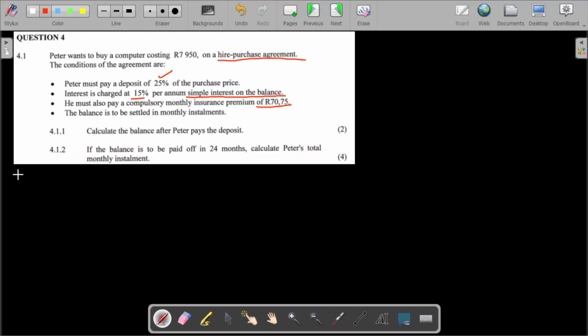Now, let's get into the questions. 4.1.1, they are saying, calculate the balance after Peter pays his deposit. Now we're looking for a balance.